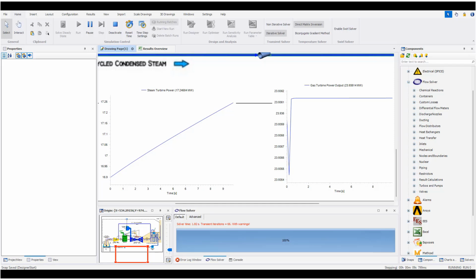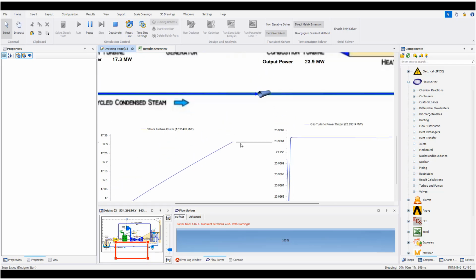If you remember, after running in a steady condition, it was 16.8. It is set from a value here, almost 16.8 megawatts, and now after about 10 minutes it increases to 17.3, and it is still increasing.